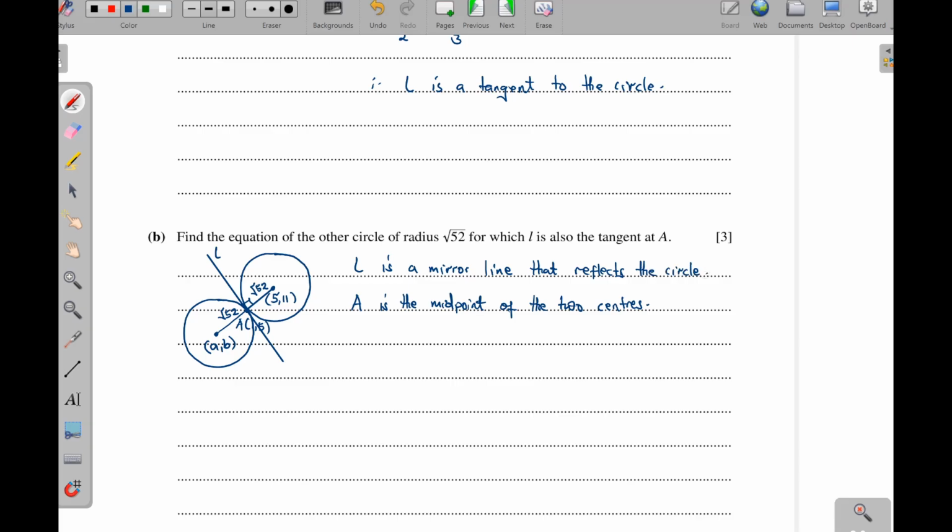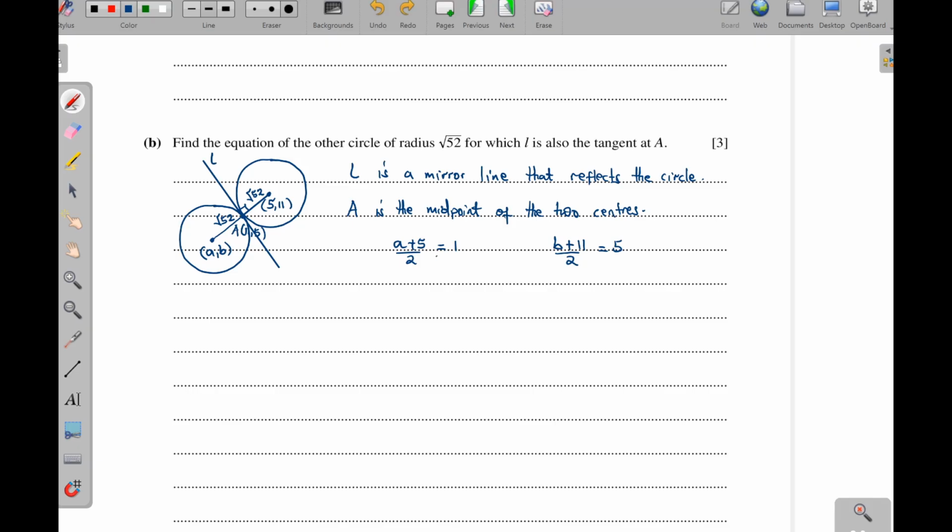So we are going to have a plus 5 out of 2 equal to the x coordinate of A, which is 1, and also b plus 11 out of 2 equal to the y coordinate of A, which is 5. Now, making a the subject of the formula, we just cross multiply.